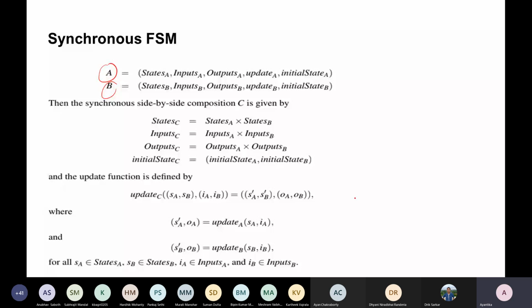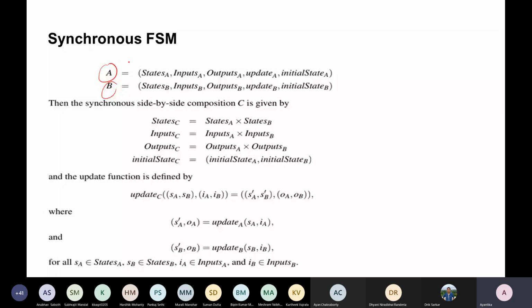We have separately identified, component-wise, their inputs, outputs, and state transition conditions. But when we look at the CPS or embedded system as a whole, we have to fuse the substates and make a bigger state to get the gross view. So here we are defining state A and state B.